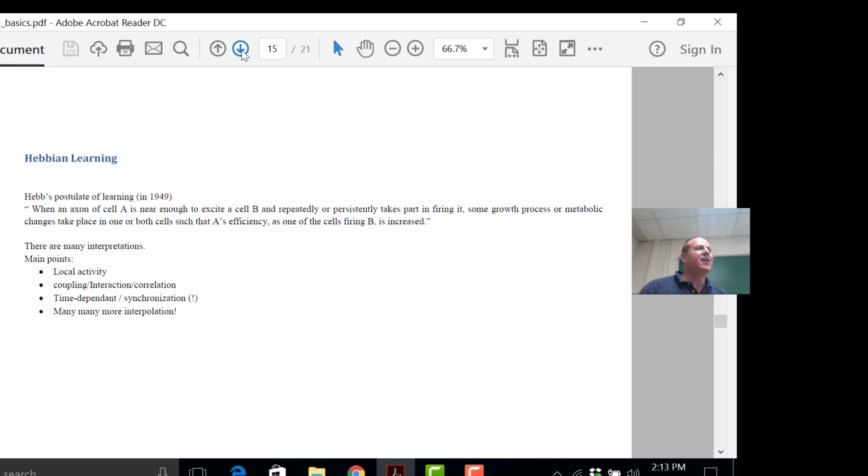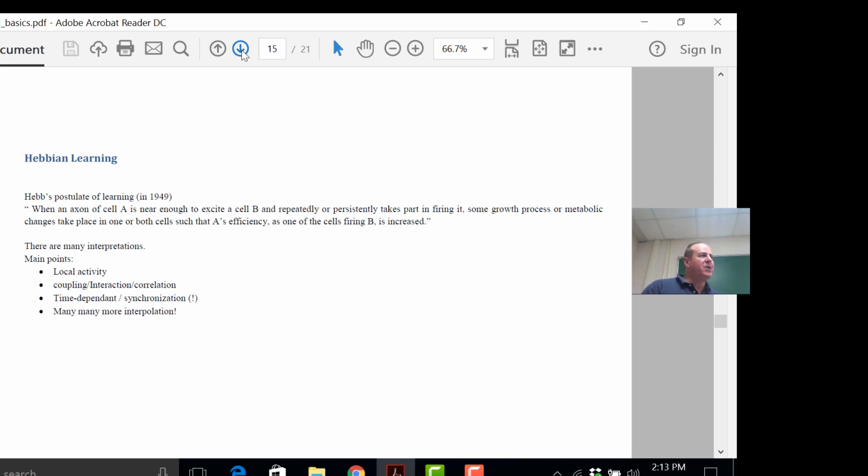I'm reading the quotation here: when an axon of a cell A is near enough to excite another cell B, and repeatedly and persistently takes part in firing it, some growth process or metabolic changes take place in one or both, such that A's efficiency or efficacy in firing B is increased.